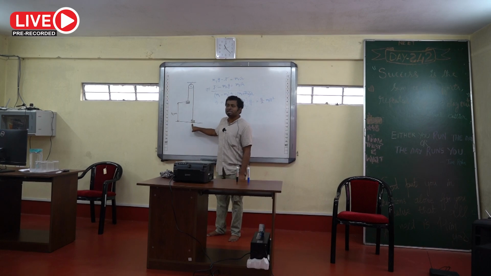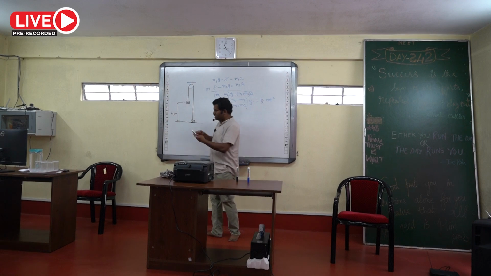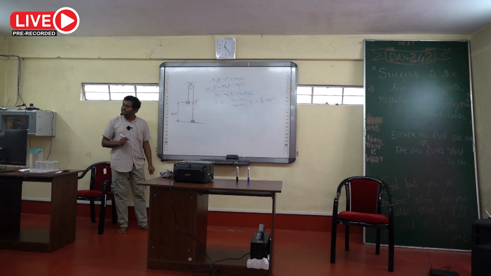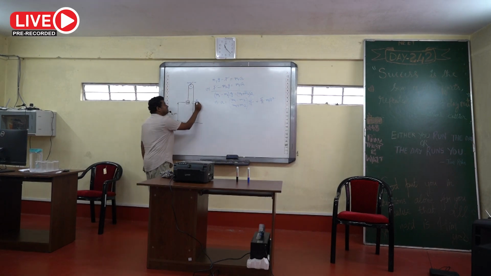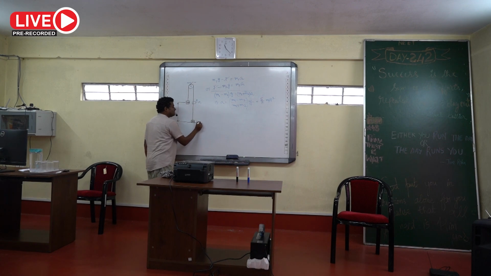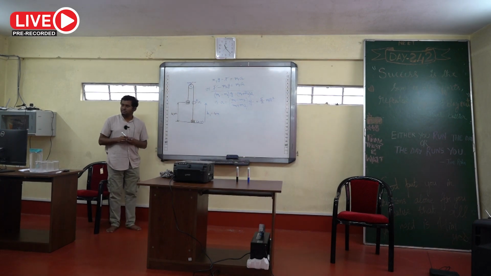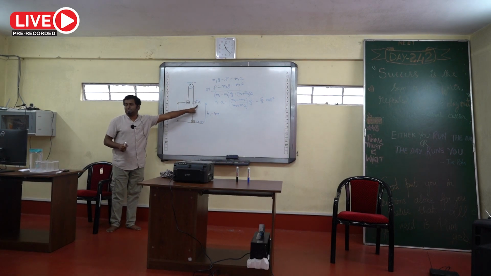Now what is its initial velocity? 0. So when it rises 4 meter, suppose at this position it has some velocity in the upward direction. Write it as V1. Here U is considered as 0. How much will it rise? Say H1. H1 is 4 meter up to this. Then calculate this velocity.